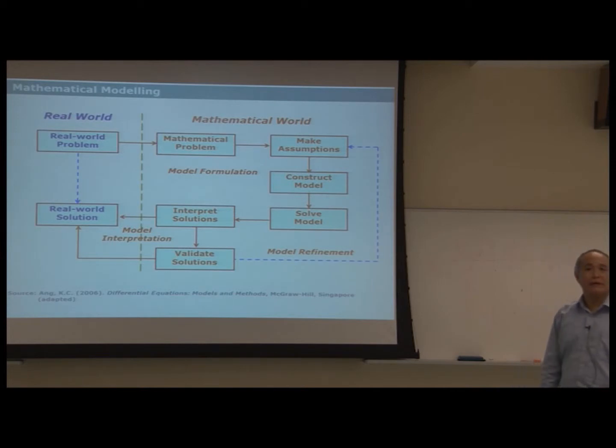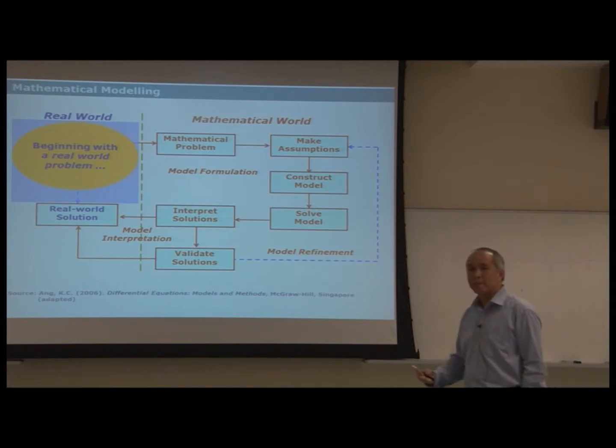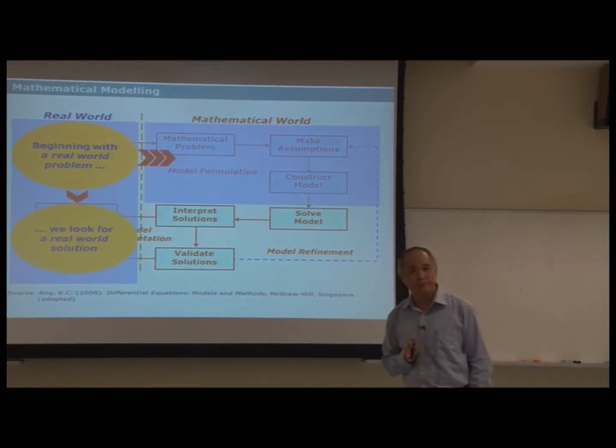This is the one that I presented to you. Again, we start off with a real problem, we want to go to a real solution, but we go through the mathematical world in order to get a real solution. In general, we always begin with a real world problem and hope to arrive at a real world solution.